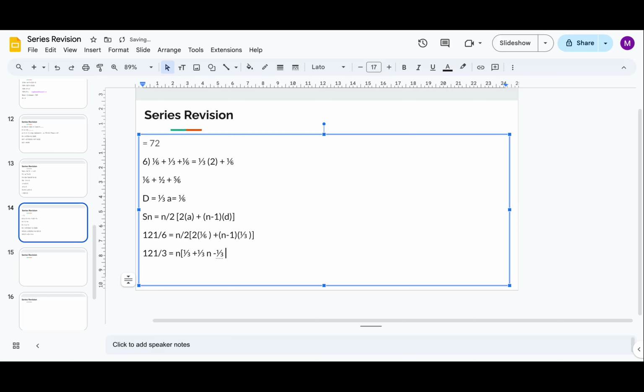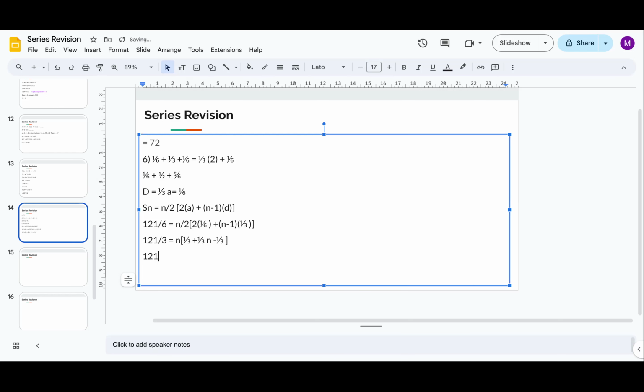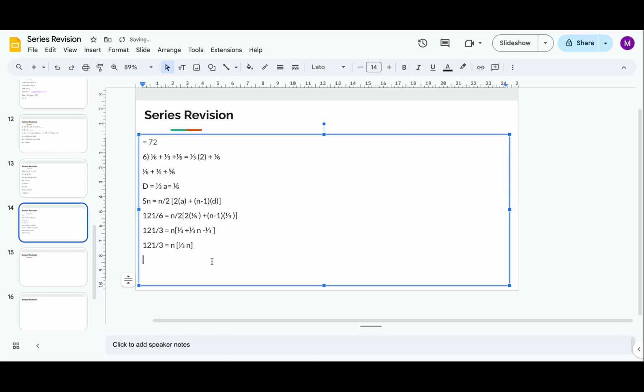The 1 over 3's will cancel, and I'll be left with 121 over 3 is equal to n, open bracket, 1 over 3n. So n, open bracket, 1 over 3n. Okay, quickly work that out. We can multiply those n's and I'll get 1 over 3n squared is equal to 121 over 3.